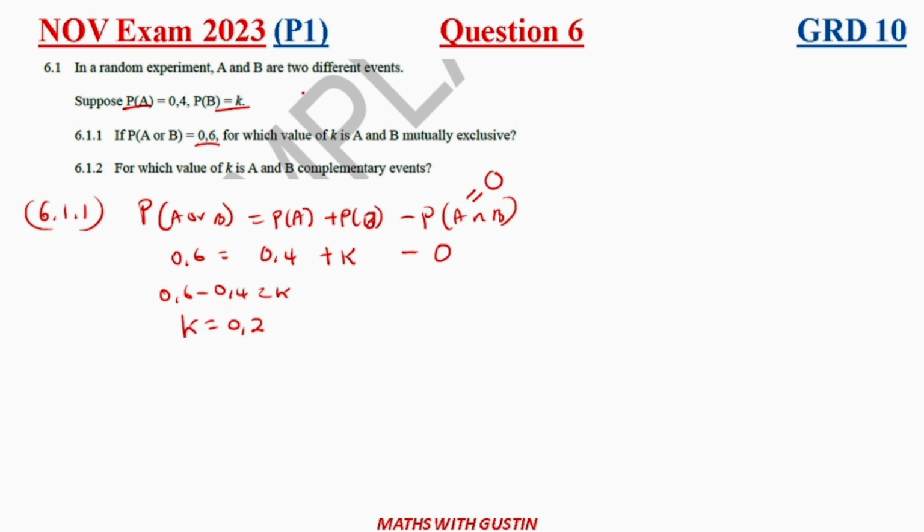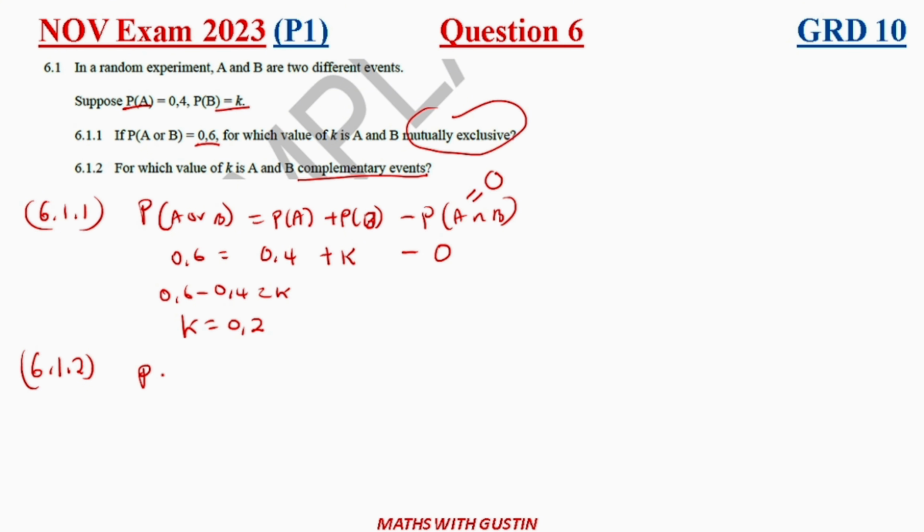Simple, straightforward, guys, but you need to understand what mutually exclusive events mean. It means that if the two events occur at the same time, there will be no intersection.